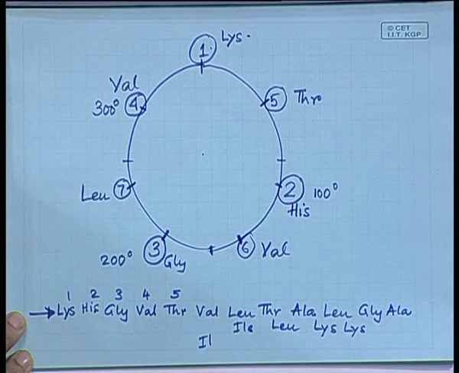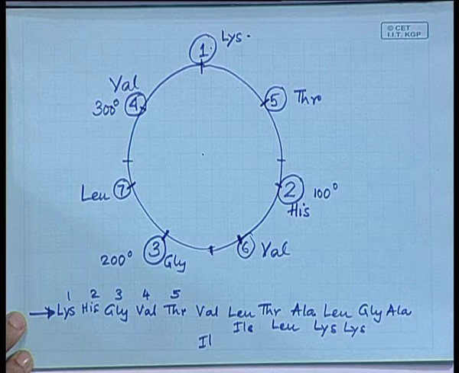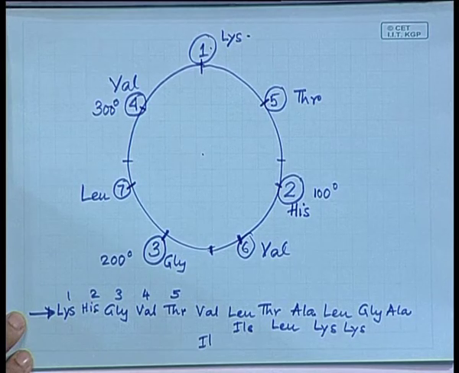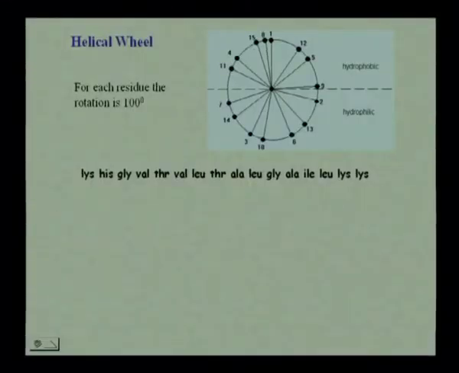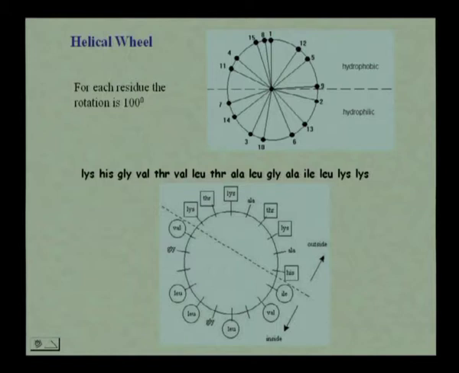Then once you construct your helical wheel, you can from the wheel itself predict which part is going to be outside, which part is going to be inside if it were to fold into a protein. So, you can actually say which part is going to be hydrophilic in nature and which part is going to be hydrophobic in nature. Okay. So, if we plot this helical wheel, if we do the whole construction, this is what it is going to look like.